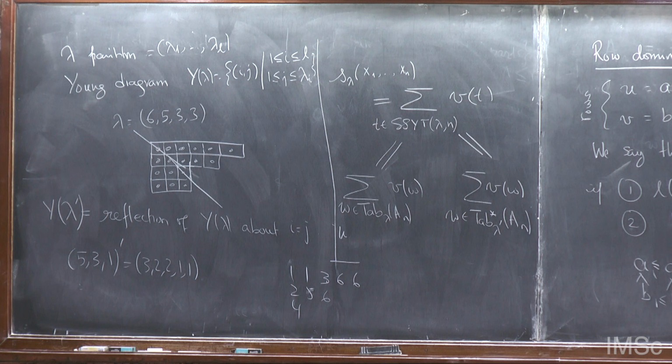So, for example, if lambda is just a row, that is a one part partition, then lambda prime is a single column partition. So, they do not seem to be particularly related in the Weyl group or anything.